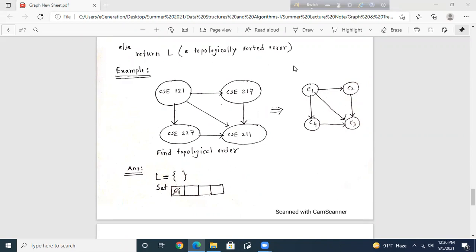So, dear student, here four vertices are replaced by new vertices for simple calculation.